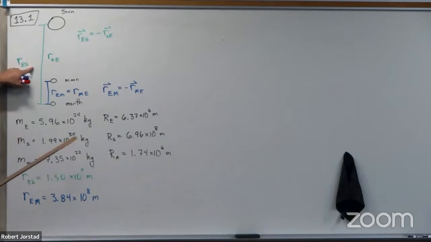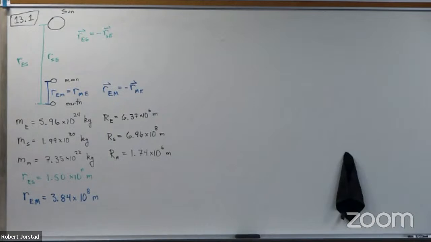Now look at the radius of the Earth. 10 to the 6th meters. That's about 100,000 times smaller. So do you agree, if this was drawn to scale, the Earth would be a dot smaller than that dot?